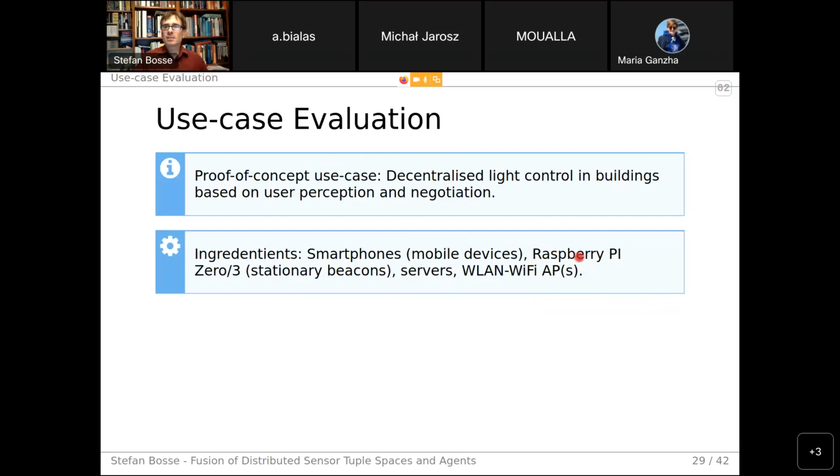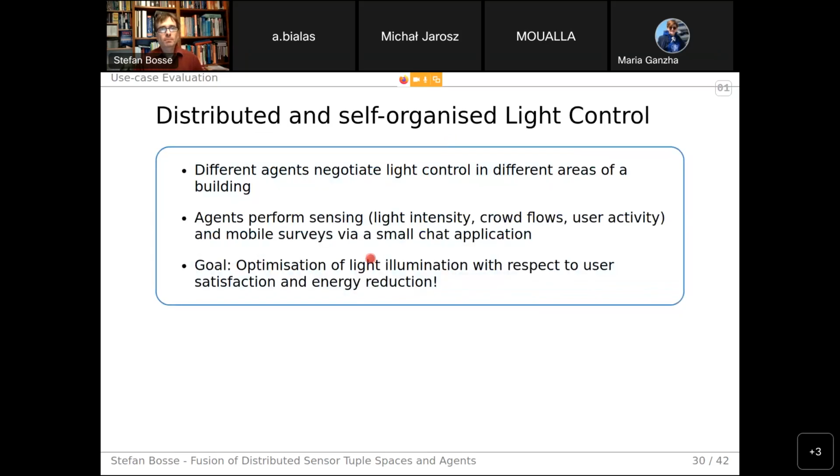And we have beacons here, for example, Raspberry Pi devices. And we have some servers that control the building. And we have VLAN, Wi-Fi, APs, and of course, wired communication and the Bluetooth communication, especially here between the Raspberry Pi and the smartphones.